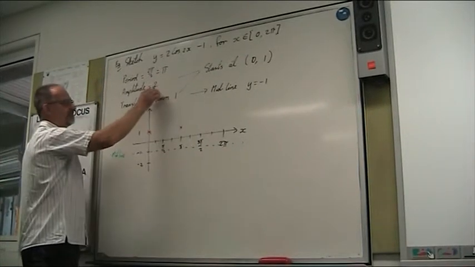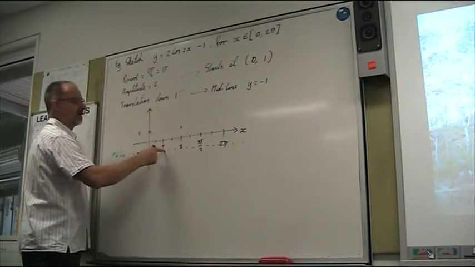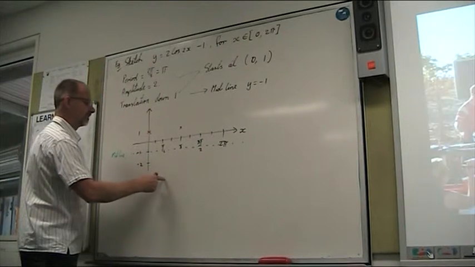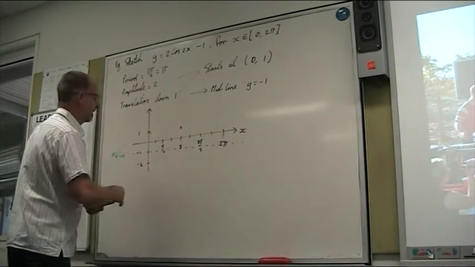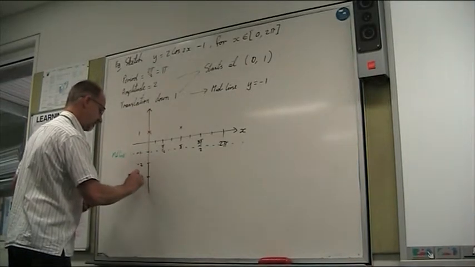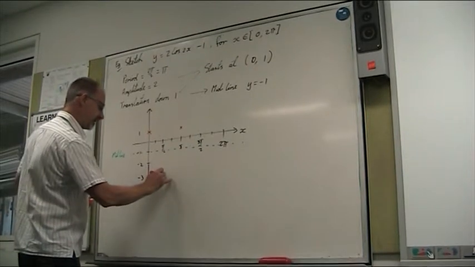Now, the amplitude is 2, so that's 2 below this midline. So I haven't gone far enough: 1, 2 below. I need to add an extra 1 down here, 3. So it's 2 below the midline, so down there.